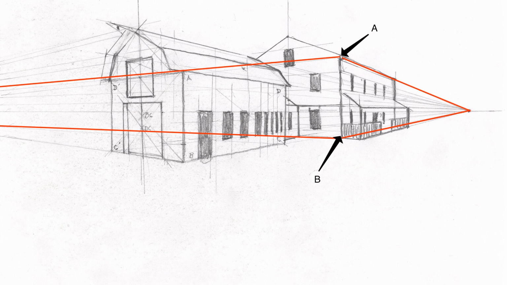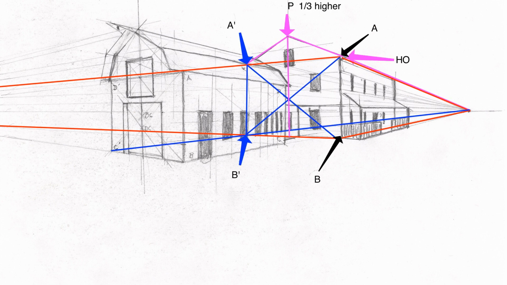The A point, I got the height of that by looking at it and said it's horizontal to A prime. It looks horizontal. That's how I got that point. And then from that point A, I drew a line to the imaginary vanishing point. It's not the same height as the barn, but it looked horizontal when you look at it.